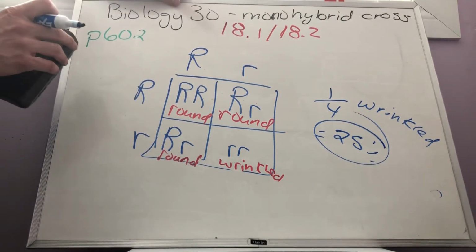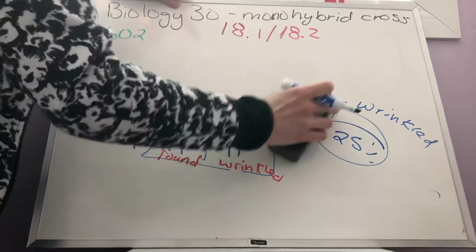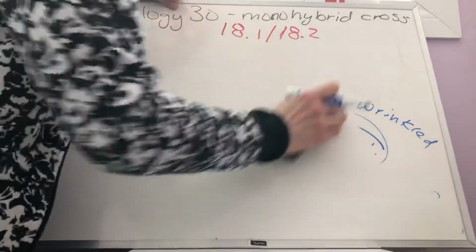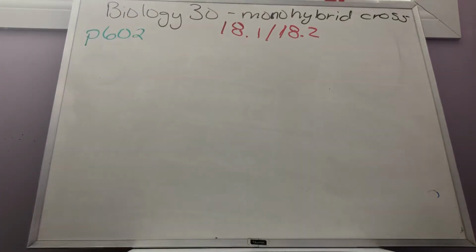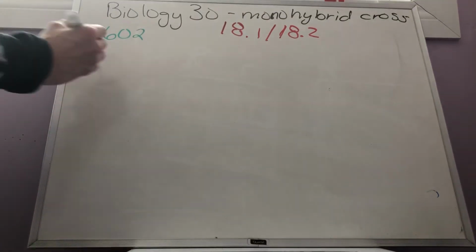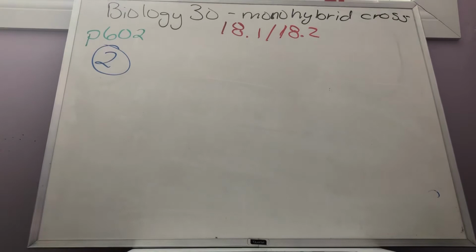So practice question 2 is what we'll look at to round out this intro to monohybrid cross. Practice question 2 on page 602. Using a Punnett square, determine the expected phenotypic ratio and genotypic ratio of the progeny of a cross between a pea plant that is homozygous for the white allele for flower color and a pea plant that is homozygous for the red allele.